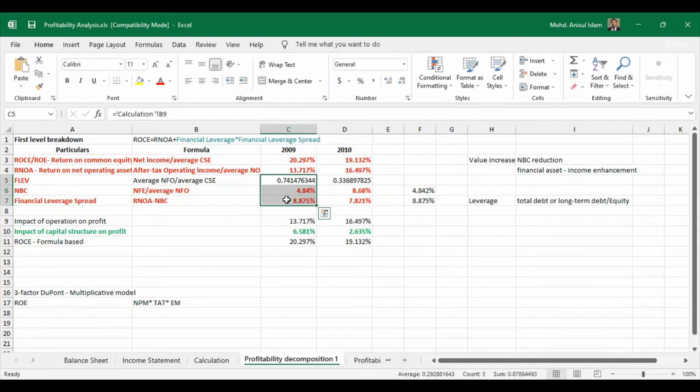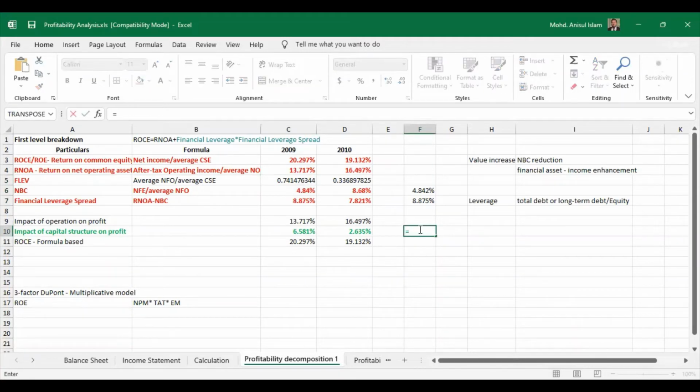Now, we have some raw materials calculated for estimating the impact of leverage on the profit. Do not forget the purpose of level 1 breakdown of profitability. So let's try to find out what is the impact of leverage. It equals this spread. We know what this spread indicates.